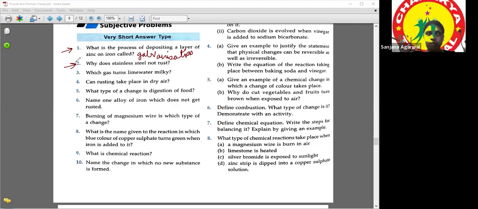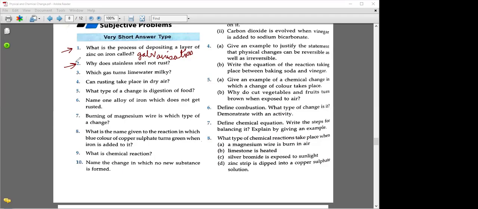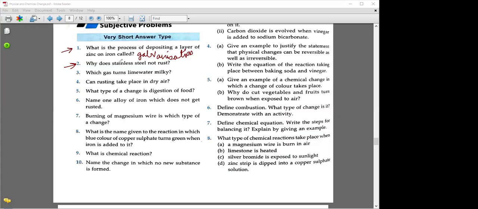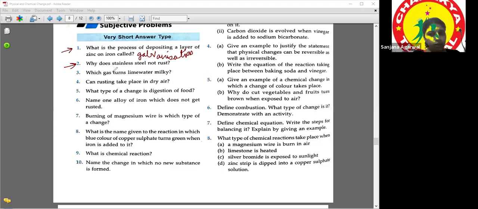What acts as the protective layer, Aishwarya? The chromium, I think. The chromium forms a protective layer from oxygen and water vapor. It reacts. Did you say chromium?